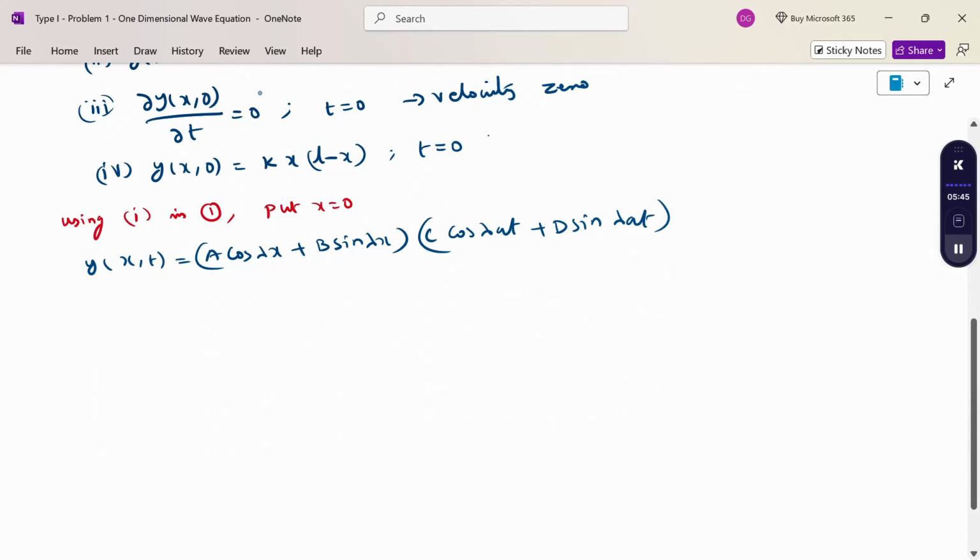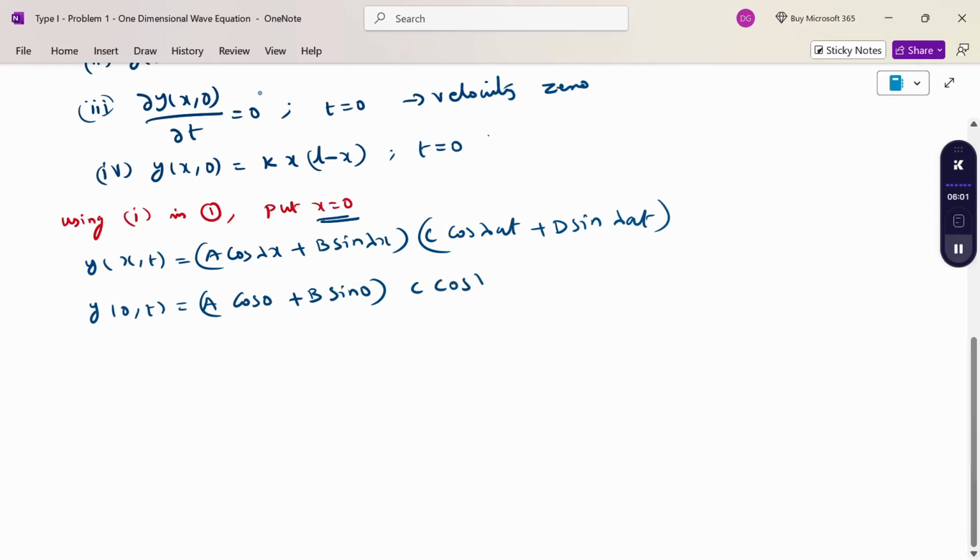In this equation, when I substitute x = 0, y(0,t) = (A cos 0 + B sin 0)(C cos λat + D sin λat). The other terms have no x value.